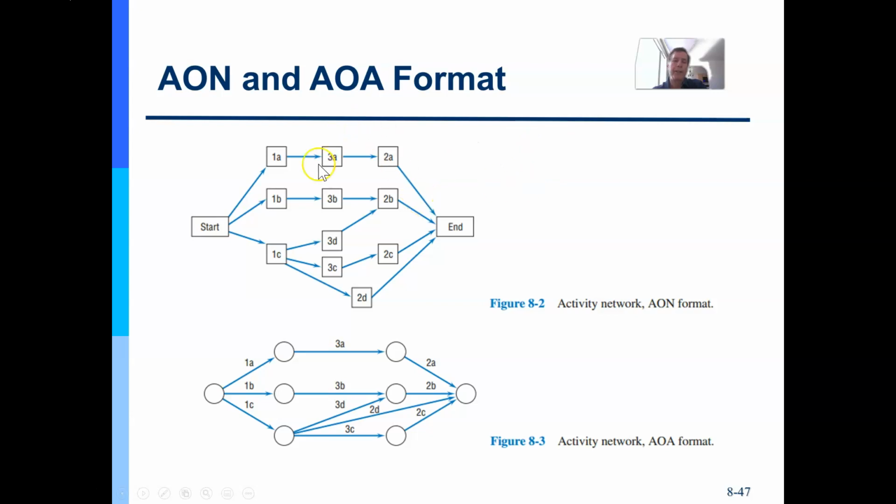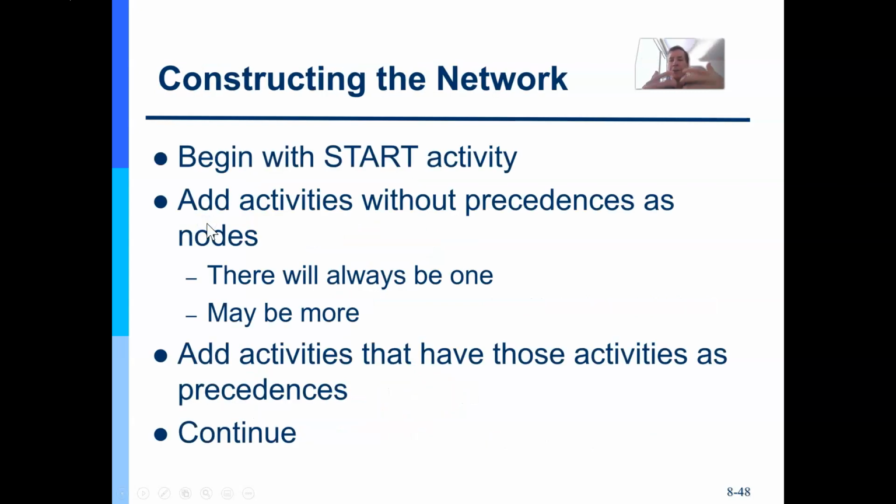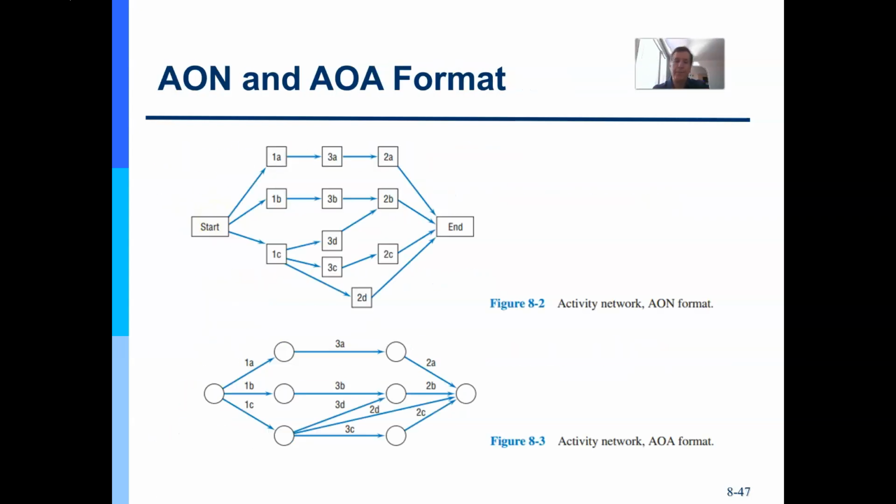Now, there is the activity on node, which we're going to use in critical path method. Consider them synonymous for this course. But activity on arrow is where the activity happens in the middle, in between the nodes.